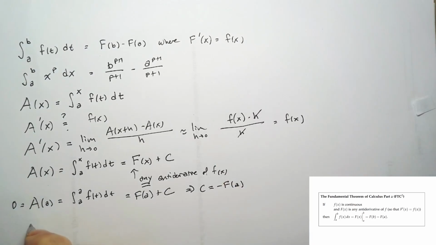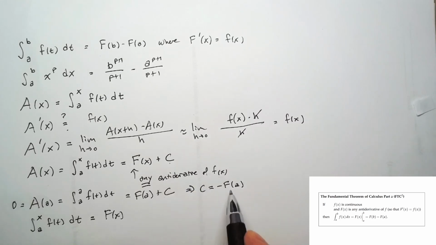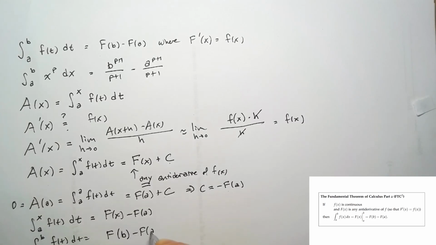This tells us that the integral from little a to x of f of t dt must equal big F of x plus c, which is now negative F of a. And if we replace this x with a fixed upper endpoint b, we get this statement of the second part of the fundamental theorem of calculus.